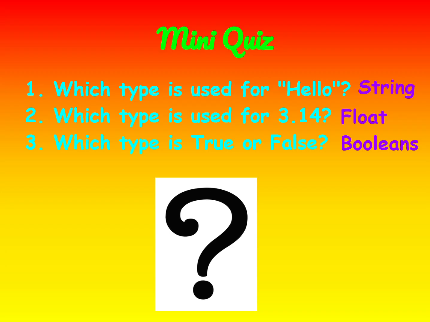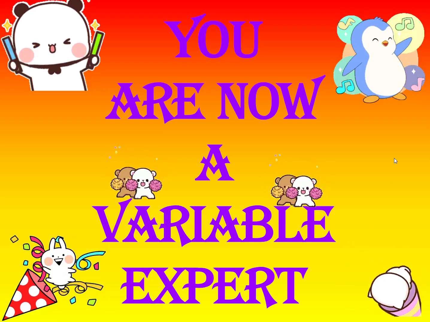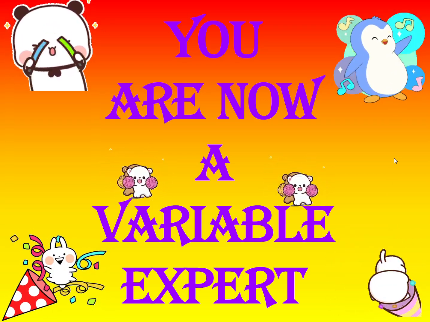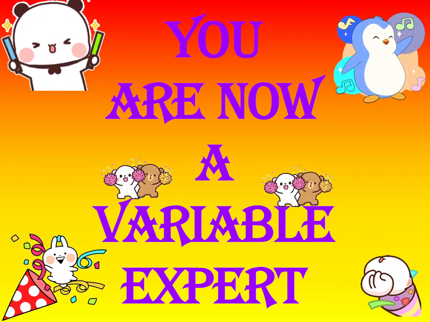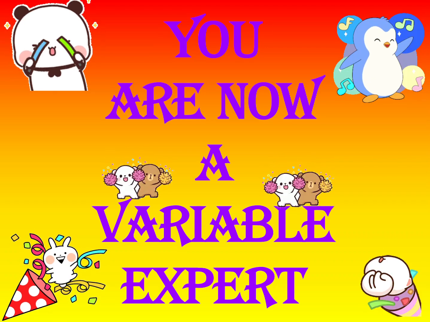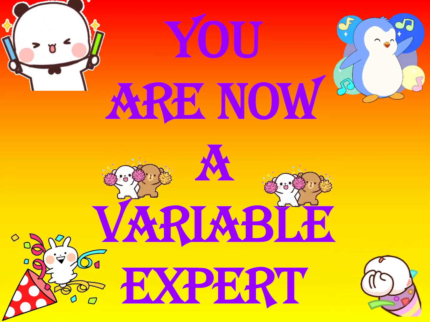Now, if you got 3 out of 3, you are a variable champion. If you didn't, please study the video again. And if you did, here are some gifts for you. Congrats! You are a variable expert now.